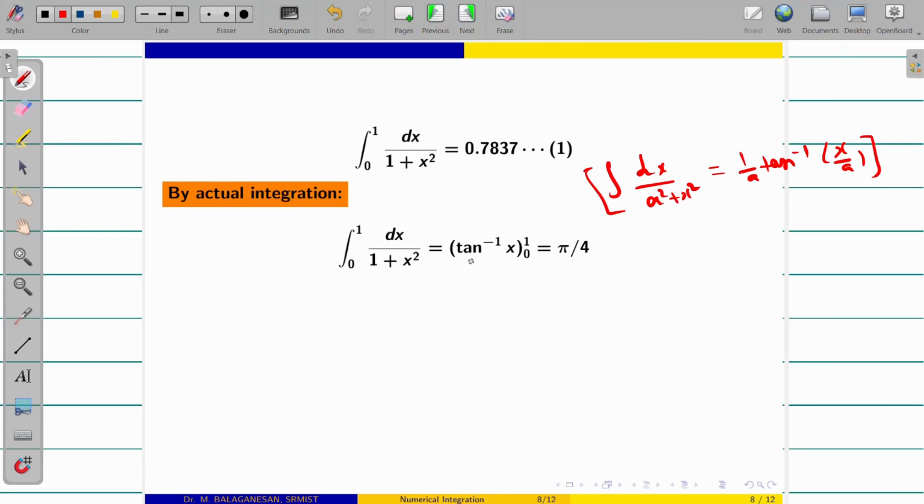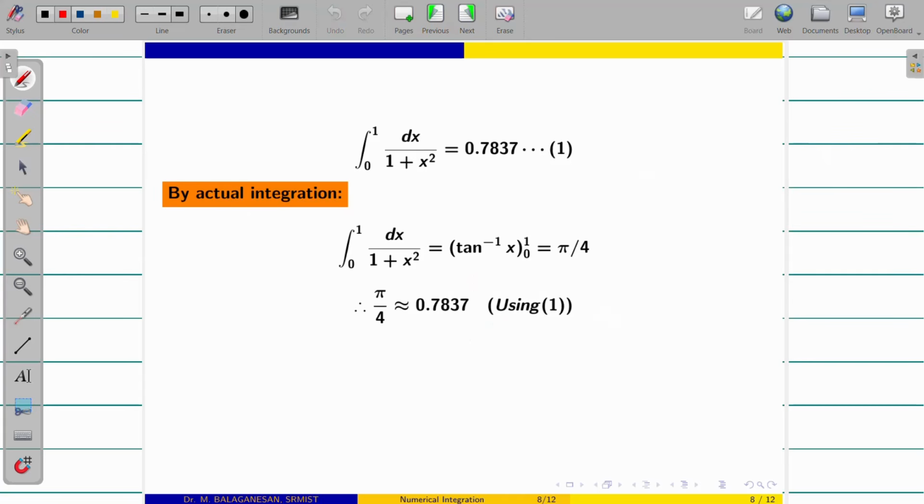So we apply the formula. We are doing the actual integration manually. Here a value is 1. Apply the upper limit and lower limit: tan inverse of 1 minus tan inverse of 0, upper limit minus lower limit. Tan inverse 0 is 0, tan inverse 1 is pi by 4. So it is pi by 4 minus 0. The answer will be pi by 4.